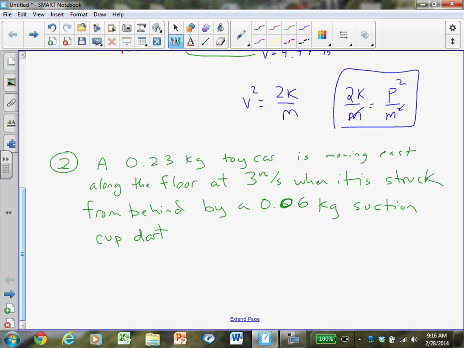We've all been shot by these, like at the mall, by some annoying kid, right? Traveling at 14 meters per second. Assuming an inelastic collision, what is the final velocity of the car?